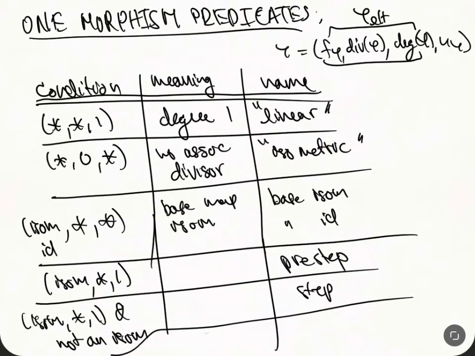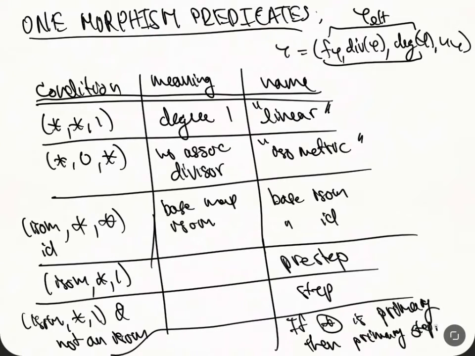So we'll say if star is primary, so that we can use the decomposition of monoid elements into products of primes, if this thing's primary, meaning it's like a power of a prime, then we say that this is a primary step or pre-step. Okay.